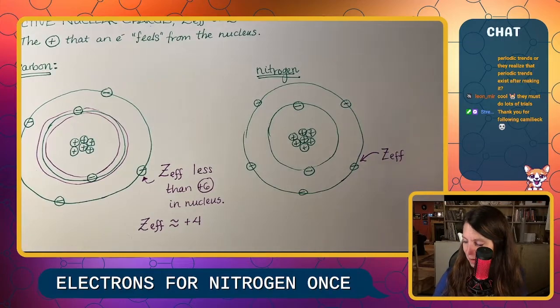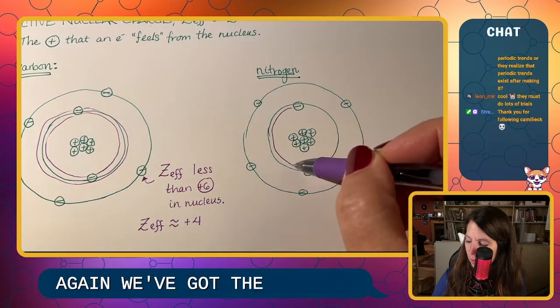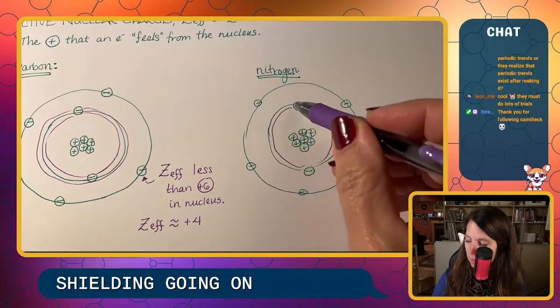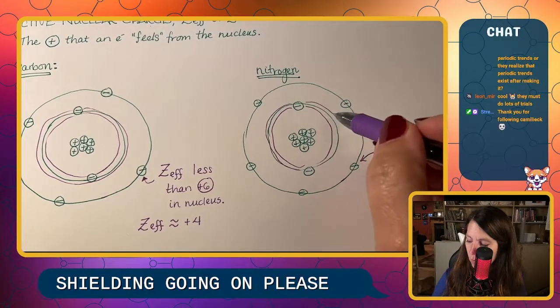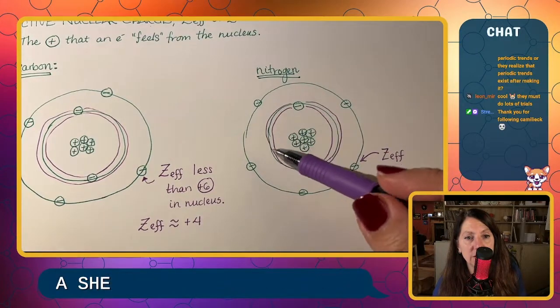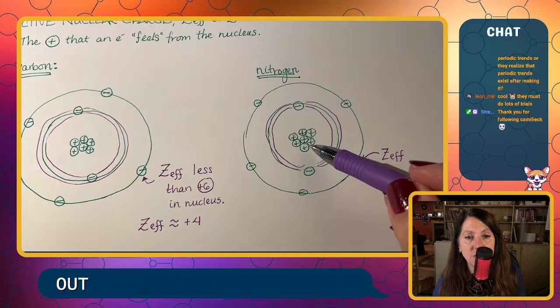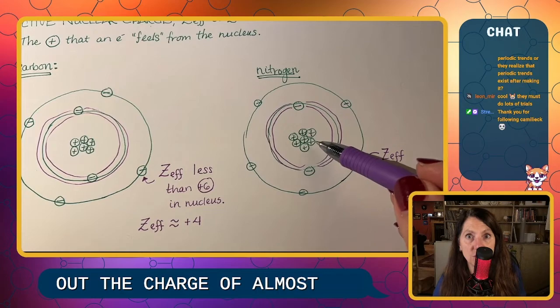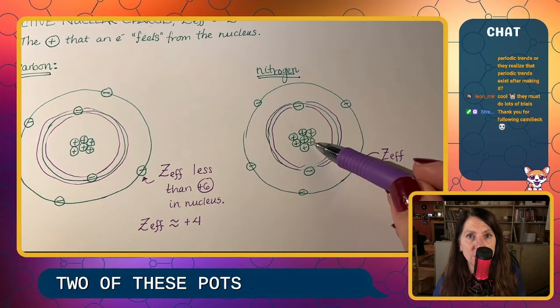Once again, we've got the shielding going on. These core electrons are creating a shield. They are canceling out the charge of almost 2 of these positively charged protons.